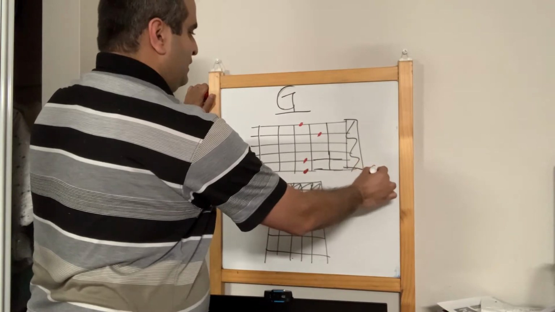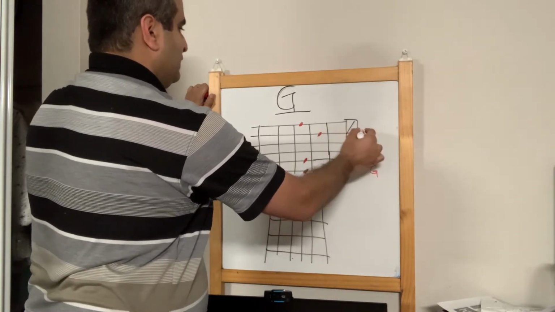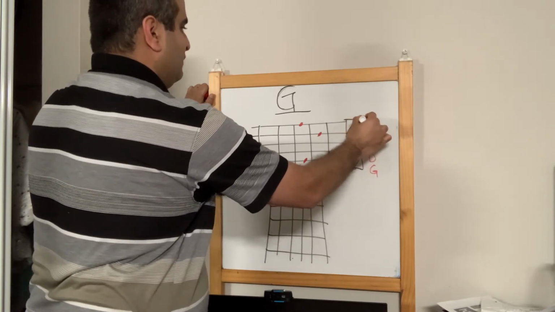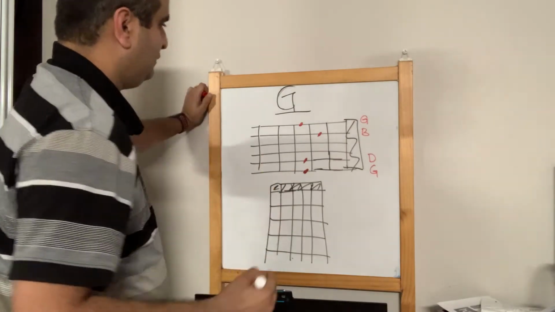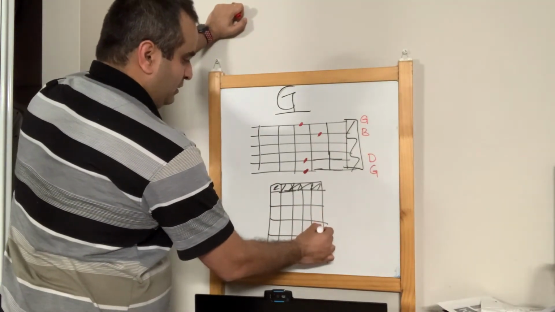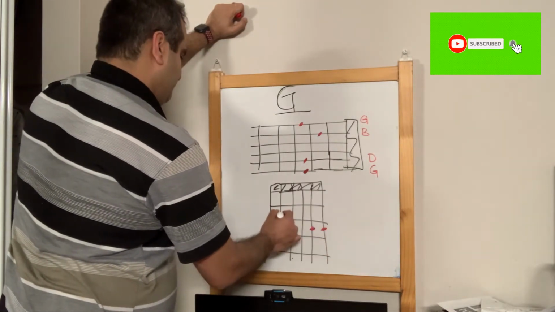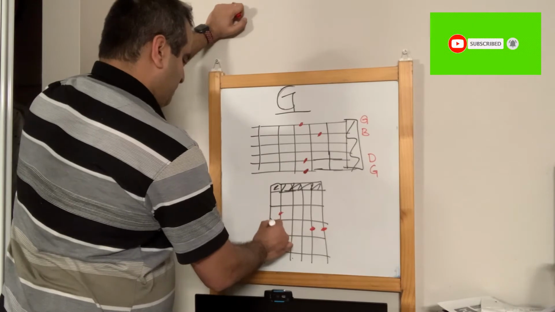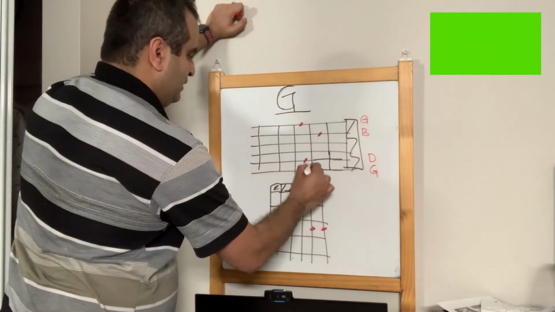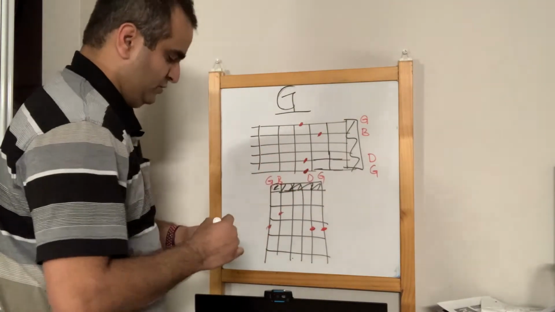This is G, this is D, and then we have B and G. Okay, so this is on the horizontal, and if I plot the same thing on the vertical, this is G, D, B and G.